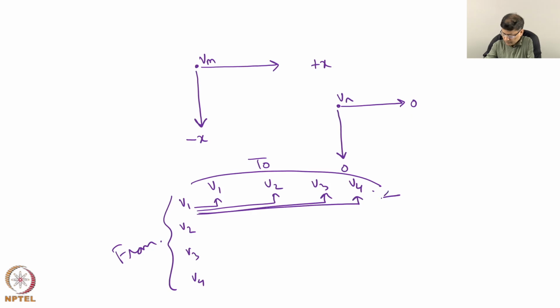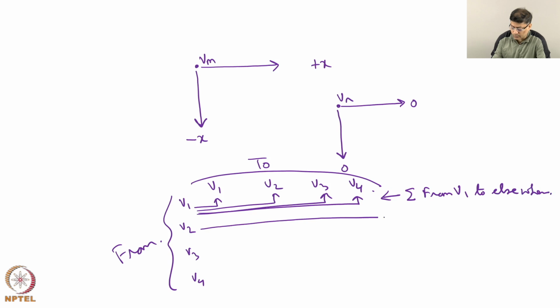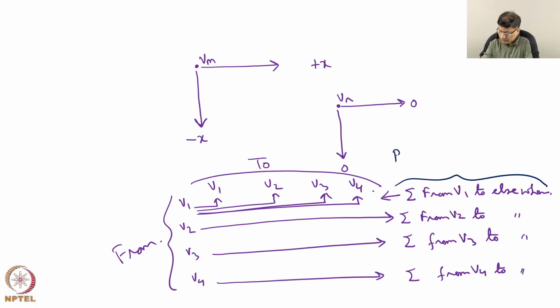So, this means if I sum up all the V1 elements, it means from V1 to elsewhere. This is the meaning. If I sum the next row here, this sum will indicate from V2 to elsewhere. That is the physical meaning of summing up.